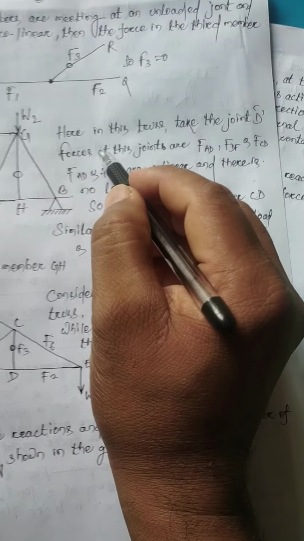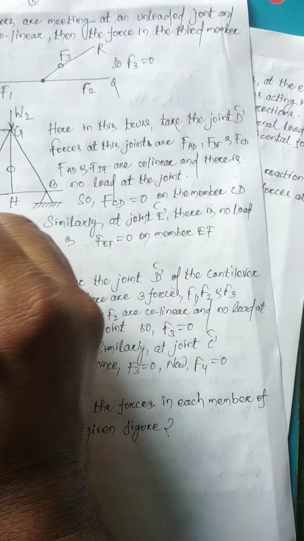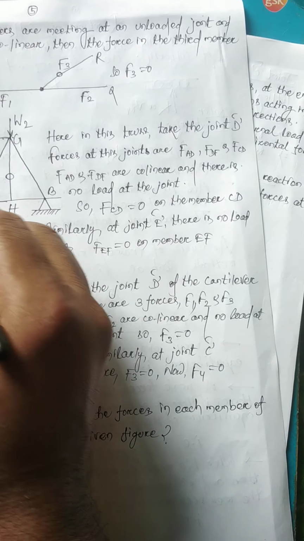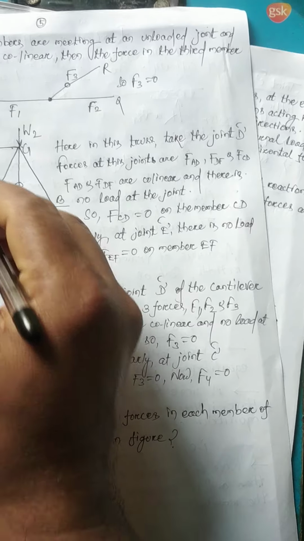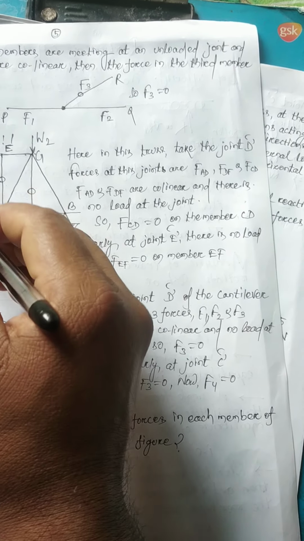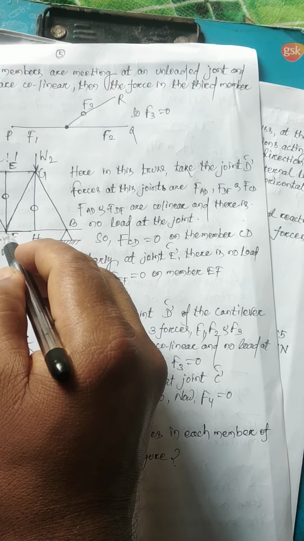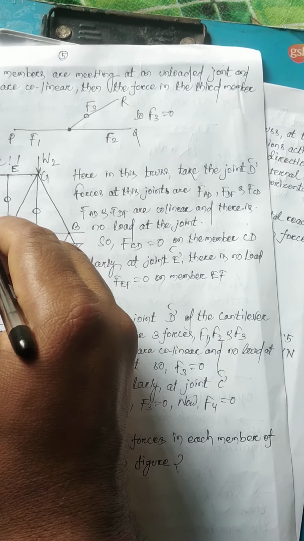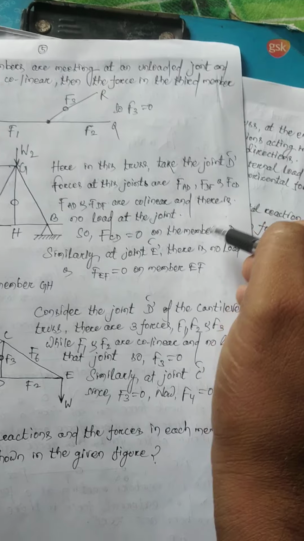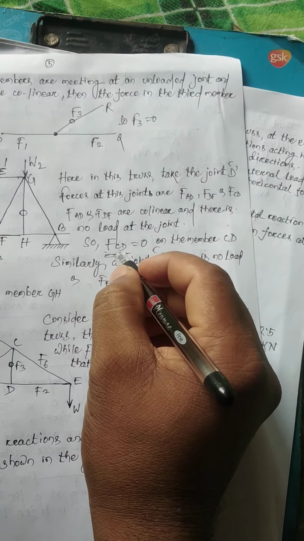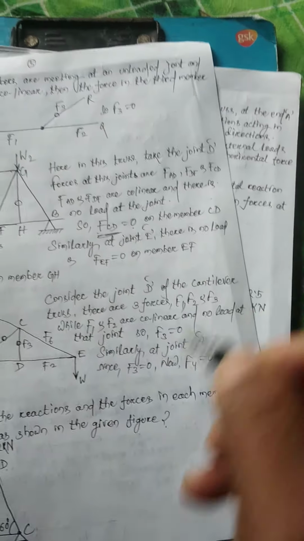Now there are three forces, one force on the member AD, another force on the member DF, and another force on the member CD. The force on the member AD and the force on the member DF are collinear, so the third force on the member CD should be 0. So here we can write FCD is equal to 0.